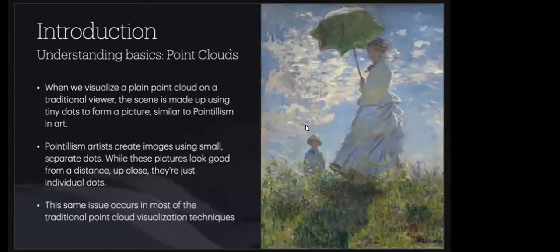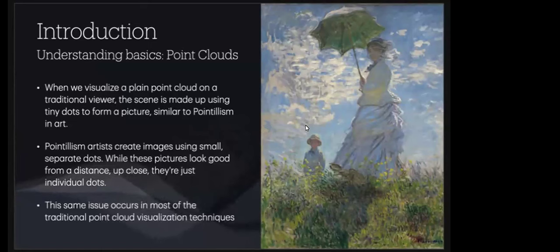But now let's move ahead. I want you to visualize a very plain point cloud in a very traditional viewer, right? Whatever painting you did with all those dots, if you look at it from a different point of view, you will see that the images are all correlated and smooth. Those tiny dots are actually forming a picture.